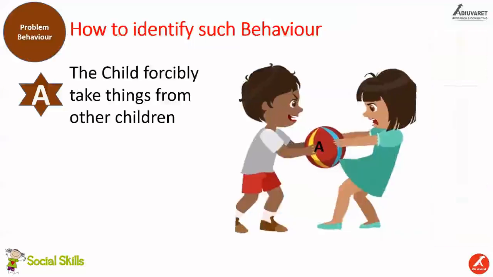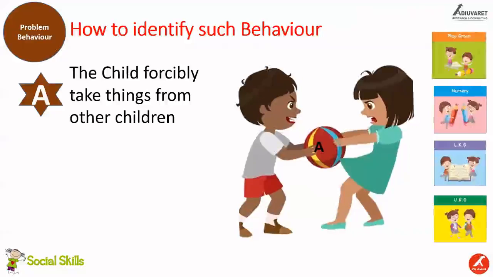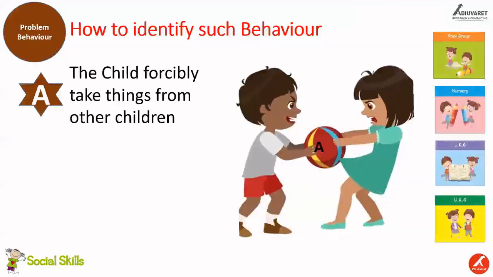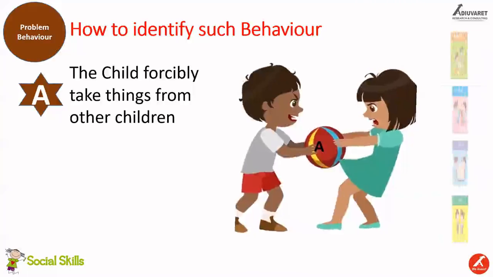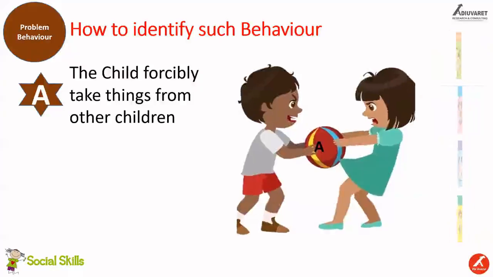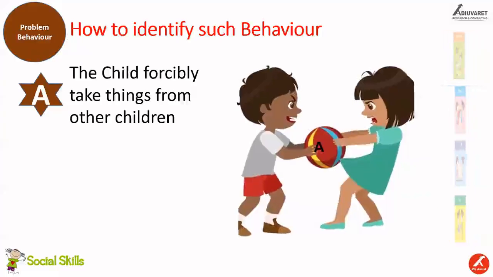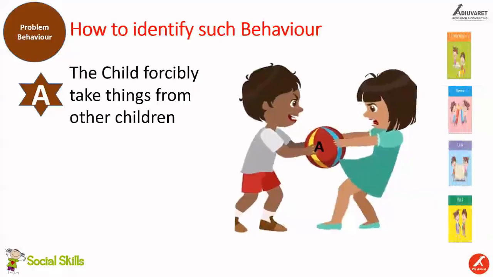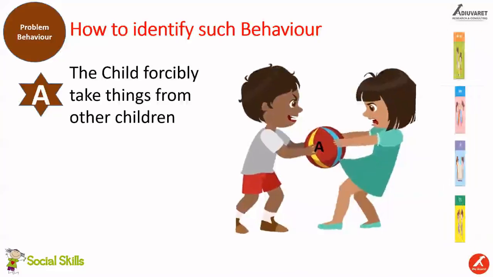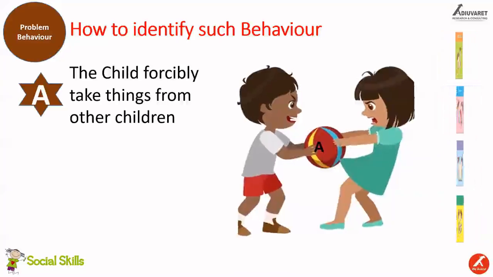In the school environment or social environment, we often observe that a particular child forcibly takes away things from other children, and in response, sometimes we parents or caretakers do nothing in that situation, thinking that such behavior is normal and the child will take care of it once the child grows up.